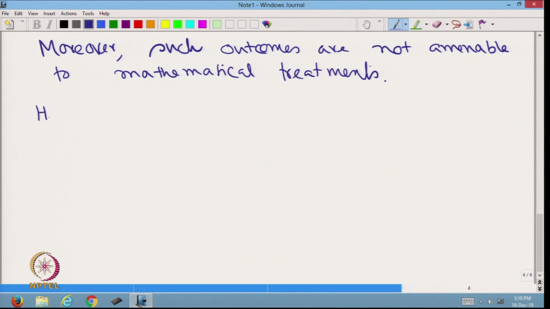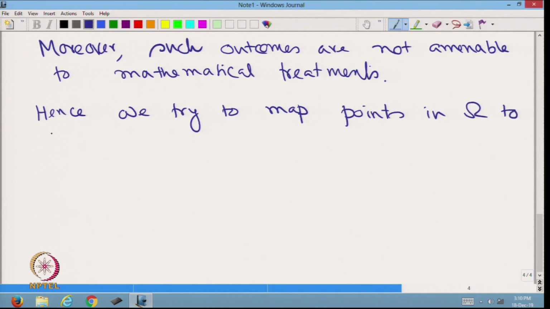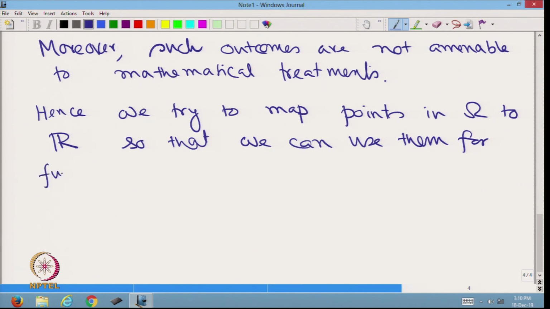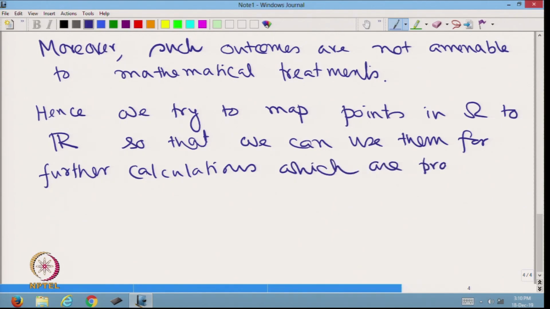Hence, we try to map points in omega to the real line so that we can use them for further calculations which are practically meaningful.